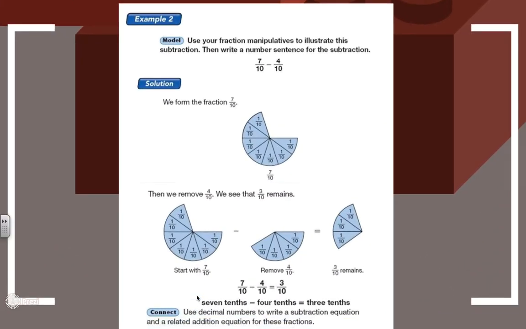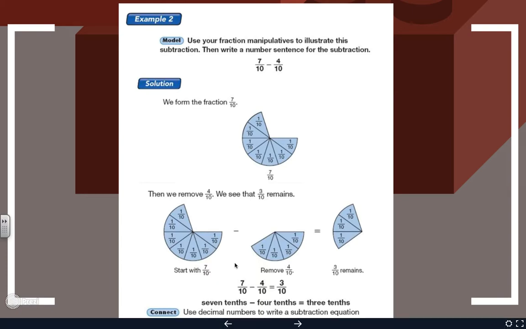Okay. Let's look at example number 2. We cut this circle into tenths, right? And if we have 7/10 of this circle, 1, 2, 3, 4, 5, 6, 7, and we remove 4 of these tenth pieces, we see that we only have 3 left.